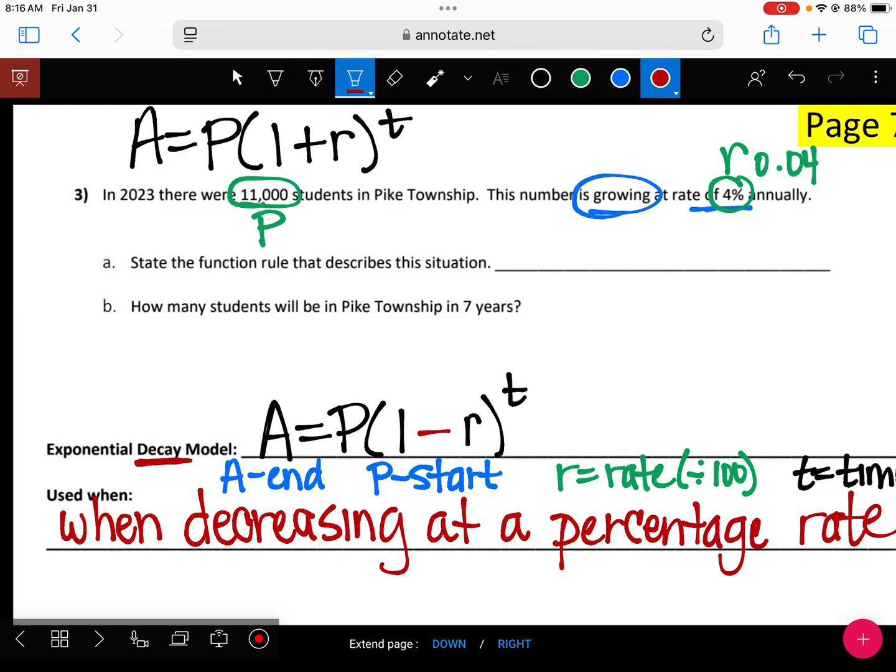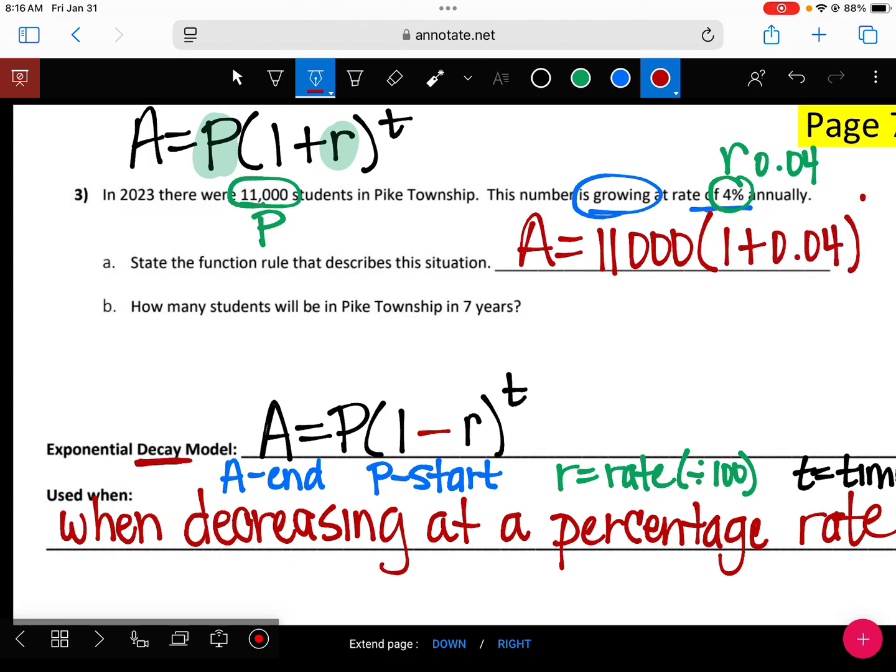So when you write your model, these are the only two numbers that will be substituted. So the answer to part A is A equals 11,000 times 1 plus 0.04 to the power of t.